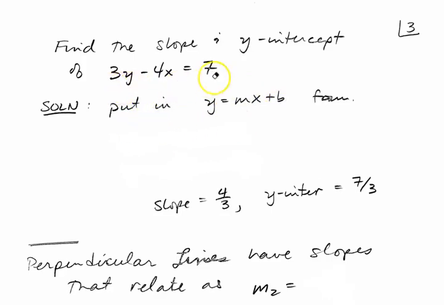I'm going to take this equation and add 4x to each side. I'm close. I just need to divide each side by 3 or multiply by 1/3, however you want to think of it. And so we end up with y equals 4/3 x plus 7/3. So the slope would be 4/3. The intercept would be 7/3.